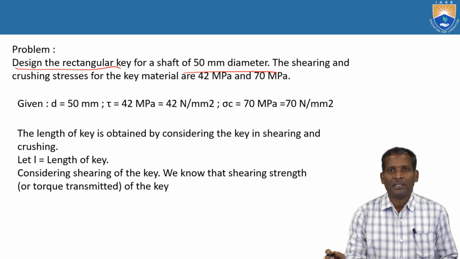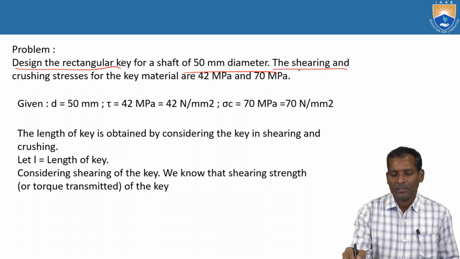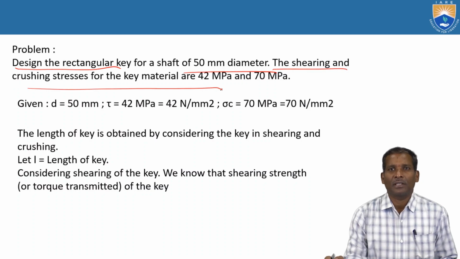The shear stress and crushing stress for the key material are given as 42 megapascal and 70 megapascal respectively. These two stresses have to be checked after designing, checking for shear strength and checking for crushing strength. The calculated shear stress or crushing stress should be less than these given stresses. These are the permissible stresses.